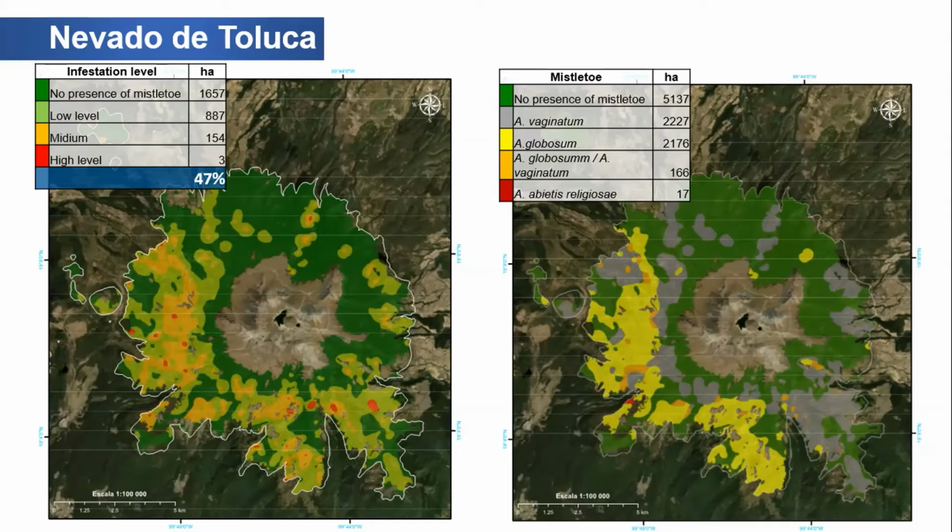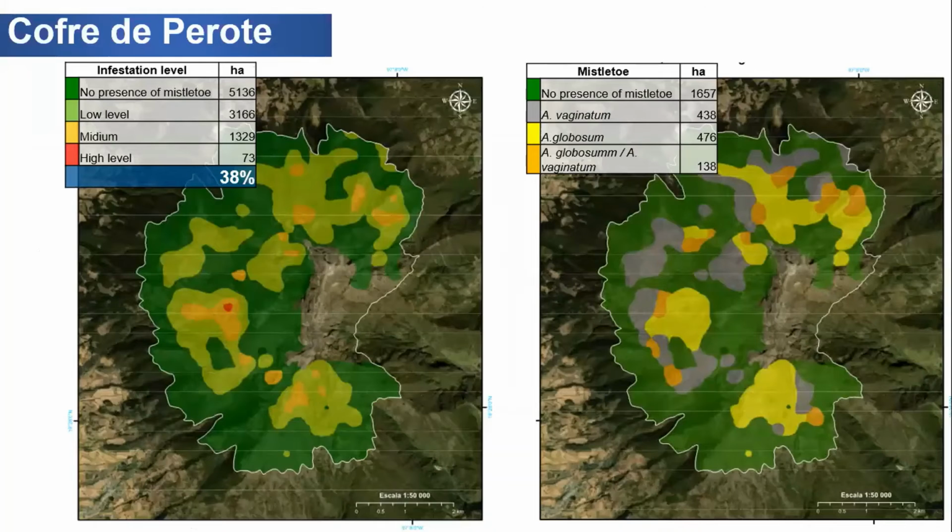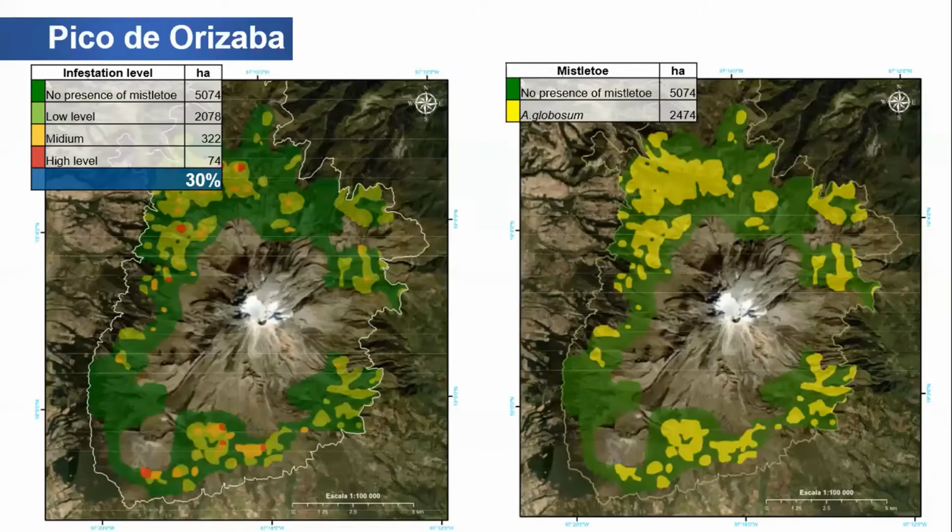We think it's very high, and I hope these maps could be used by the government to establish methods of control of this pathogen. In Cofre de Perote, we have close to 30% of the forest with mistletoes. In Pico de Orizaba, we have close to 30% of the forest with this problem.